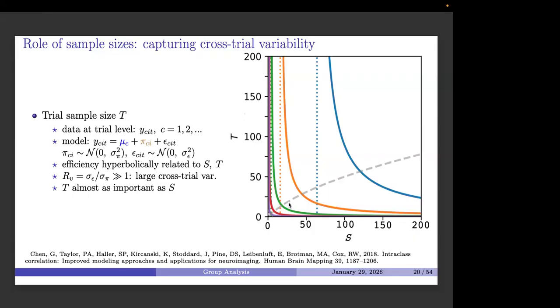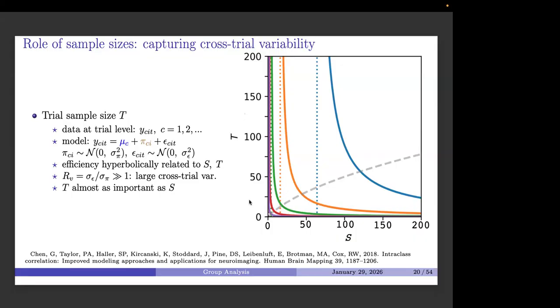Yeah, it's pretty much similar. So there's a tool you can manipulate, both the number of TRs versus the number of participants. Increasing both is, of course, always better. But if one is constrained, you have the option to increase the other. You're not doomed. Suppose your number of participants is fixed, you can always have the wiggle room to increase the number of trials to boost your estimation precision.